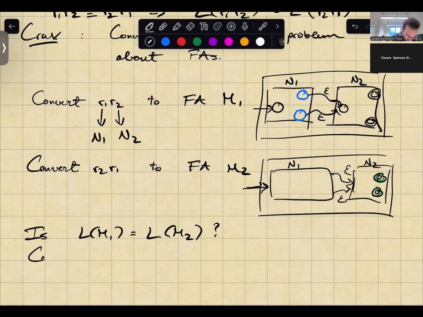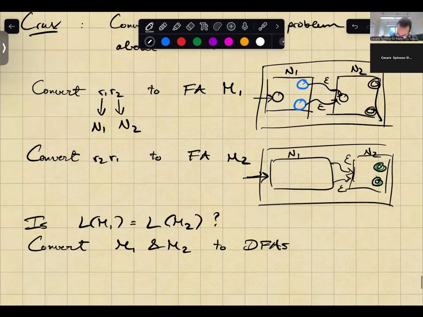So what I can do is determinize, something like that. Convert M1 and M2 to DFAs. Let's call them M1 prime and M2 prime.